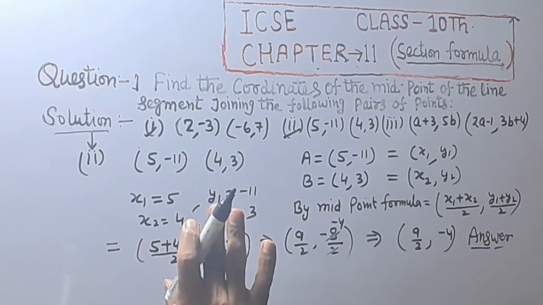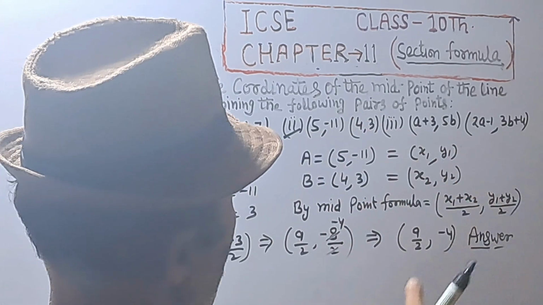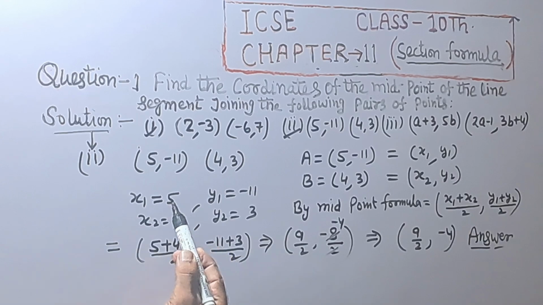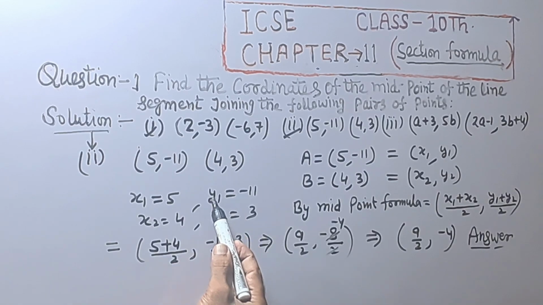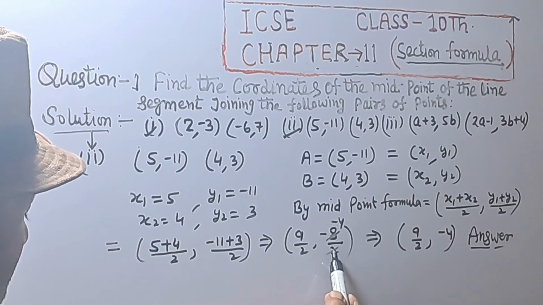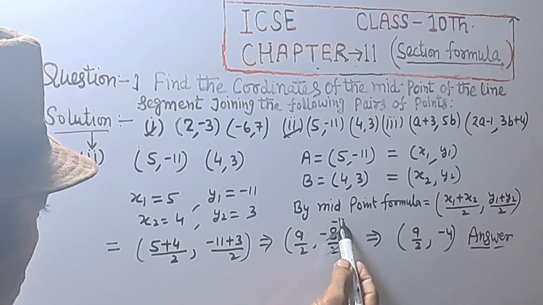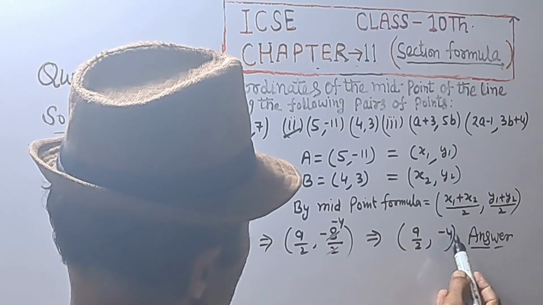So by midpoint formula, x1 plus x2 upon 2, comma y1 plus y2 upon 2, and x1 is 5, x2 is 4. 5 plus 4 upon 2 is equal to 9 upon 2, and y1 is minus 11 plus y2 is 3 upon 2. Minus 11 plus 3 is equal to minus 8 divided by 2, that is minus 4 2s are 8. We get the required point 9 upon 2, comma minus 4. Answer.